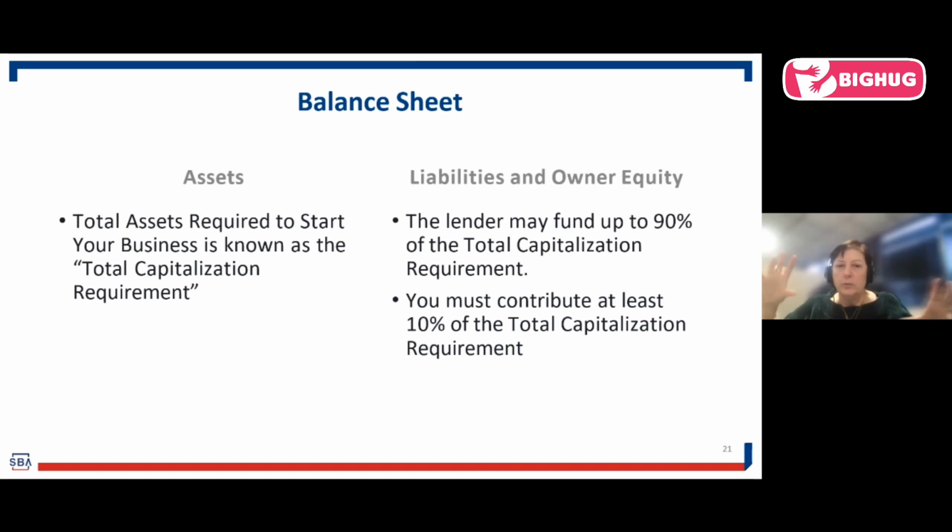All right, 3 components. Assets are on the left, liabilities and owner equity are on the right. And the bottom line is that total assets have to equal liabilities plus owner equity. That is what balances your sheet, okay? So again, the total capitalization requirement I just mentioned. Next slide, please.